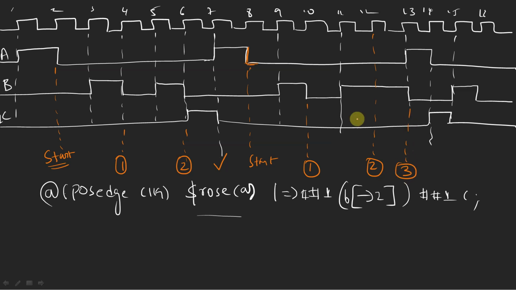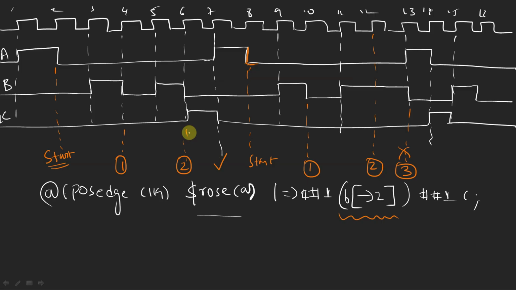Since your B value is high 3 times, your assertion is going to fail here. Our condition is that B should be high only 2 times, but it is high 3 times. So here our assertion is going to fail.